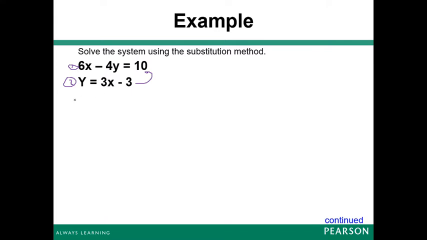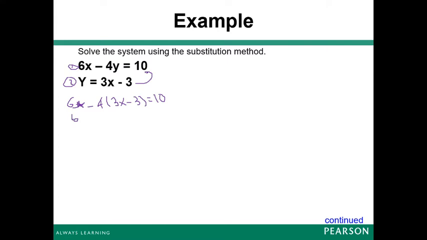Now in this case it's 6x minus 4y, but y is 3x minus 3, equal to 10.